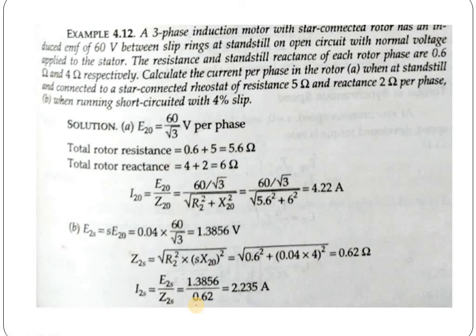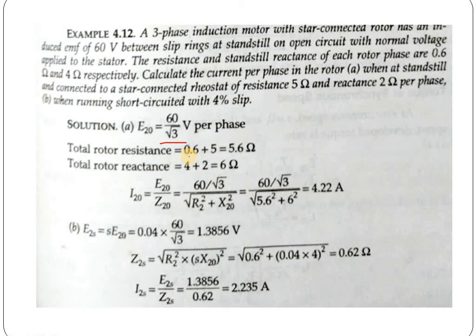Our induced EMF is given as 60 volts between slip rings. That means we have to convert it to per phase as it is star connected. So when we convert it to per phase, it will be divided by root 3.